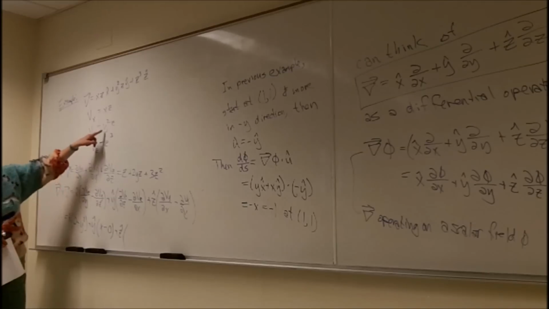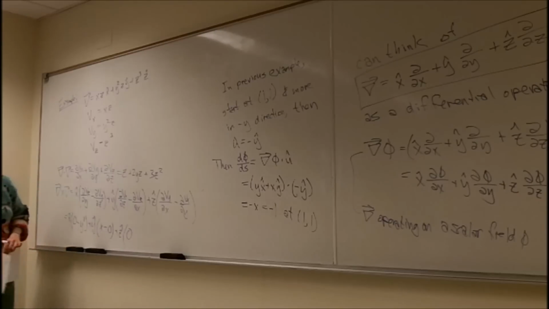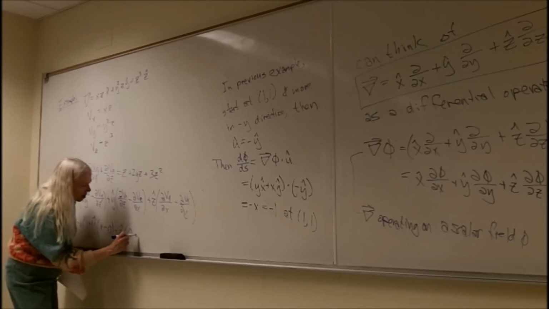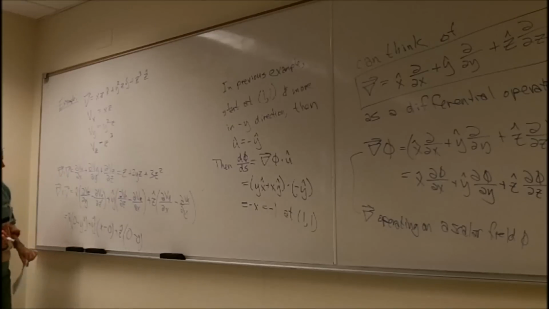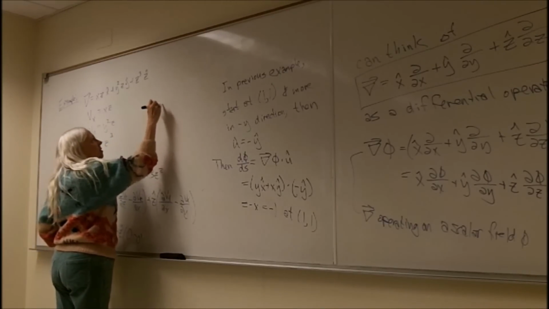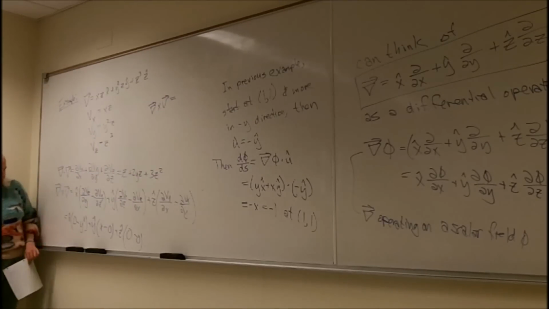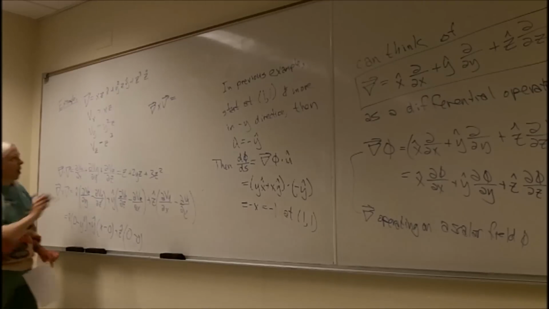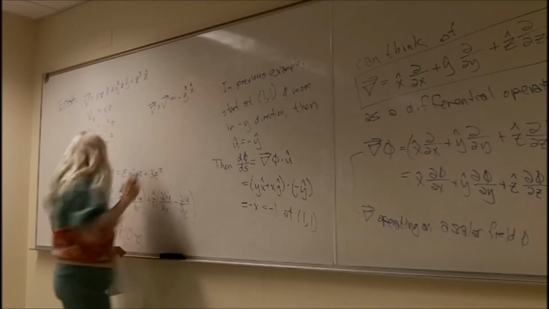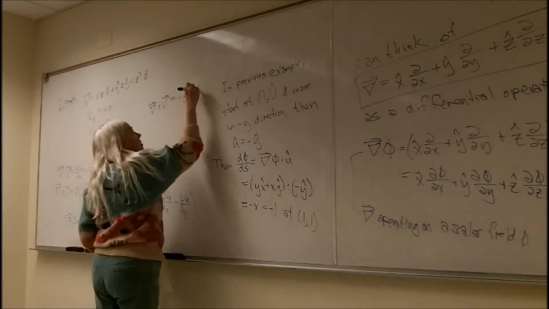Derivative of vy with respect to x is 0. Vy doesn't depend on x. Derivative of vx with respect to y is also 0. So, in other words, the curl of v, just collecting up and simplifying our answer here, we have minus y squared times x hat plus x times y hat.